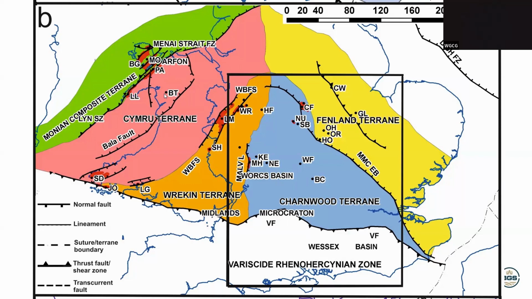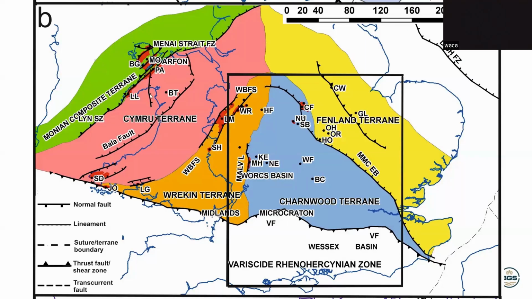And the basic model was that these different pieces of crust have been brought together tectonically by strike slip along major fault zones. Wes Gibbons started all this off by recognizing a major seismic fault zone here in the Anglesey region, separating Anglesey from the Welsh Basin.